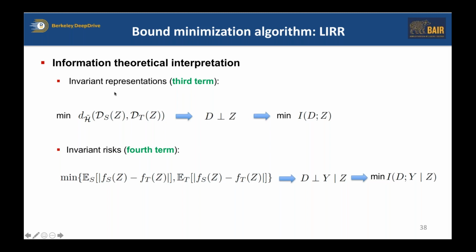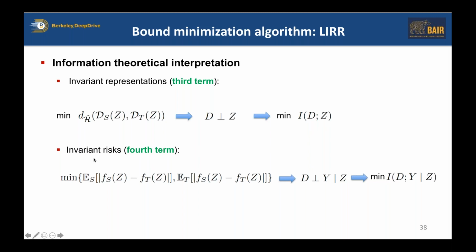So for the third term, which is to learn the invariant representations, in order to minimize the divergence between your source and target features, it equals to that the domain is independent with your representations Z, your feature Z, which is also indicating that the mutual information between the domain and your representations is minimized.